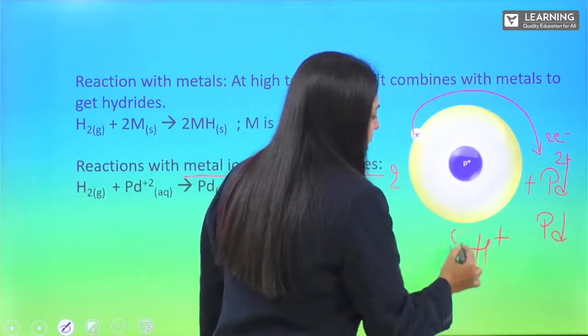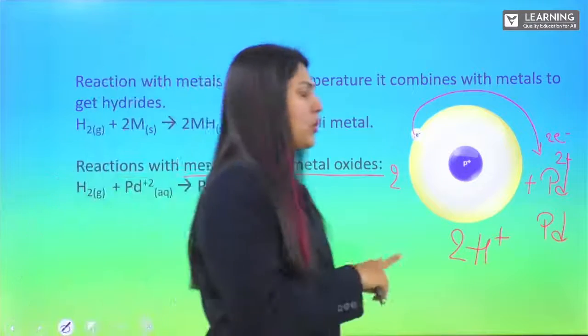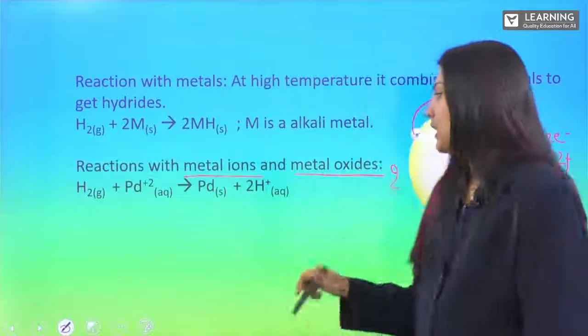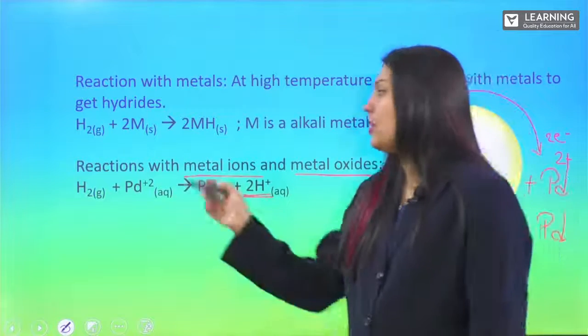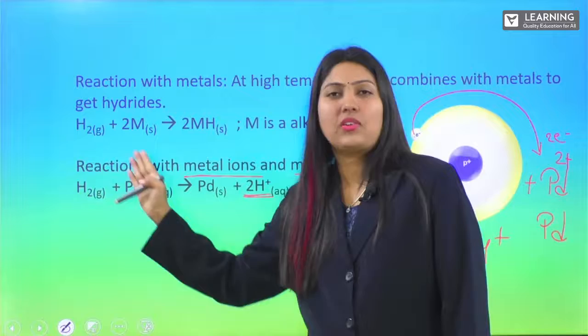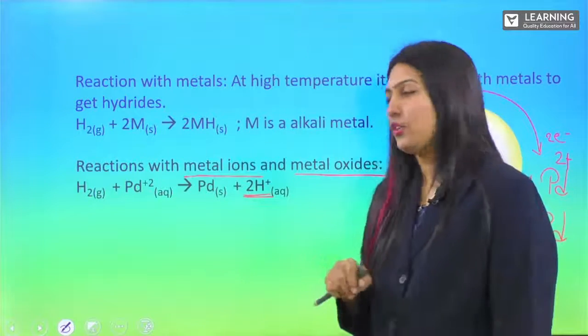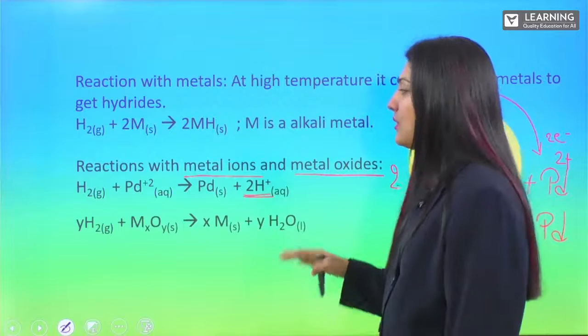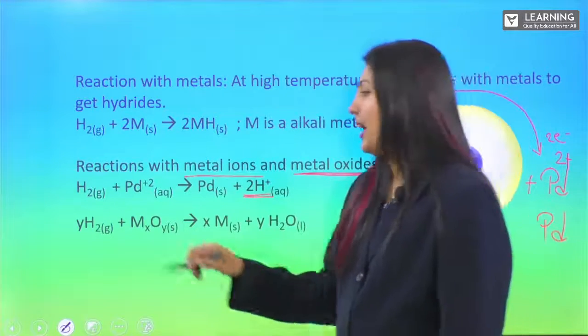How many atoms are present in one molecule? 2. So we get 2H+. Got it? Hence 2 protons are released when hydrogen reacts with palladium 2+ to give palladium and hydrogen ions.